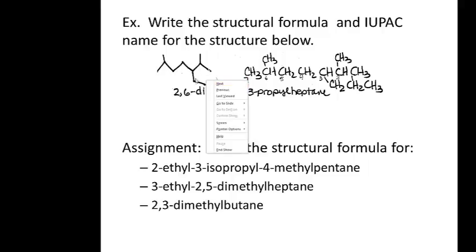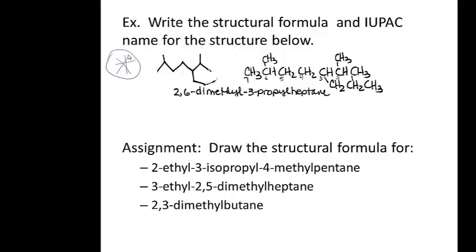So I've got 1, 2, 3, 4, 5, 6, 7, 8. Oh, I made a mistake here. See if you can find my mistake, and we'll go over this in class.